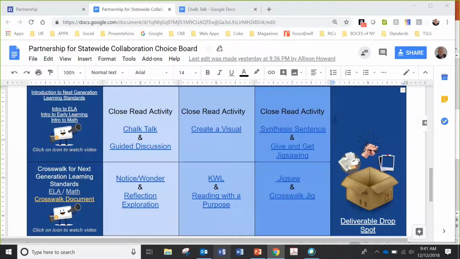Districts send teams that have K-12 teacher leaders and an administrator or two. It varies a little bit depending on the size of the district, so our bigger districts will send maybe content area coaches and not as many teachers. So it varies, but there are teachers, teacher leaders, and administrators.